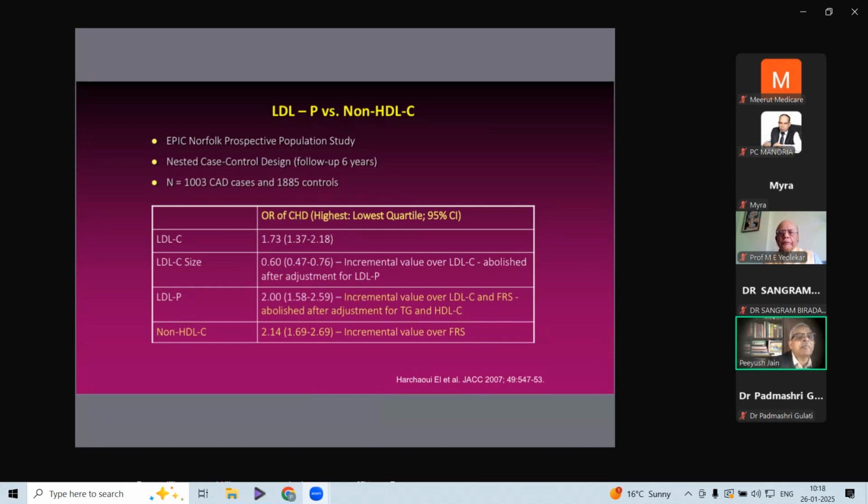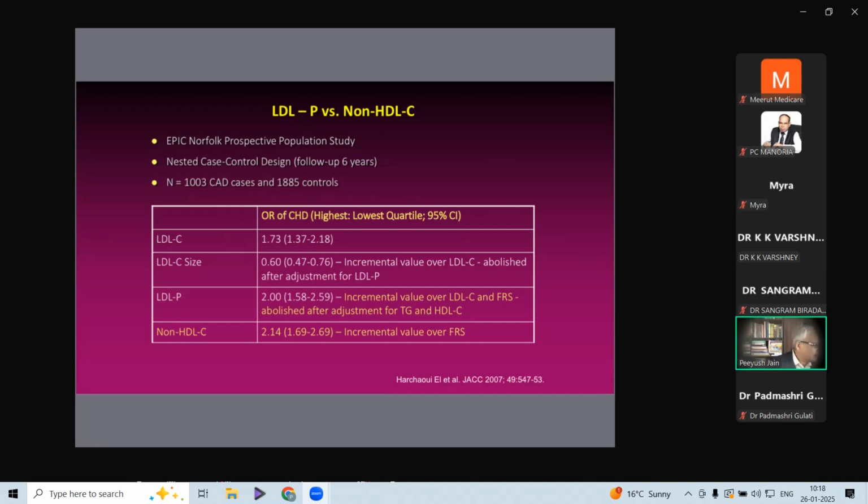Studies like the EPIC Norfolk prospective population study have shown that non-HDL-C performs very well as compared to LDL-C, LDL size, and LDL particle number.